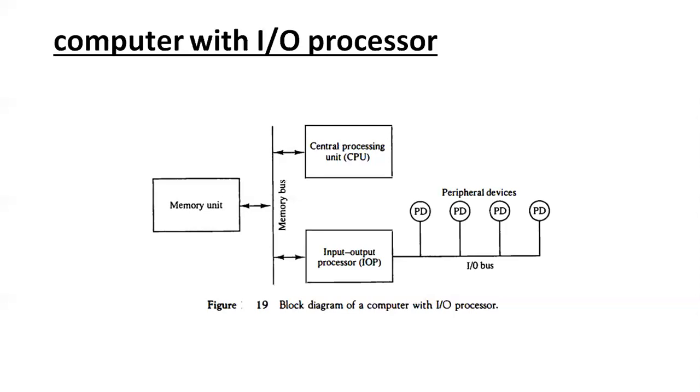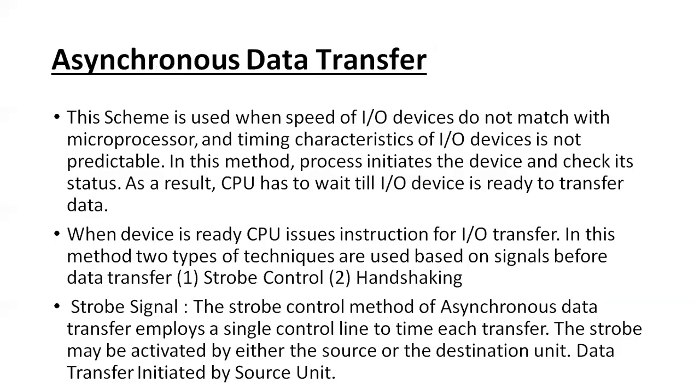Peripheral devices are shown here as PD. Each peripheral device is connected to its processor using the I/O bus. Data transfer between peripheral devices, and between a peripheral device and the input-output processor, is done using the I/O bus.